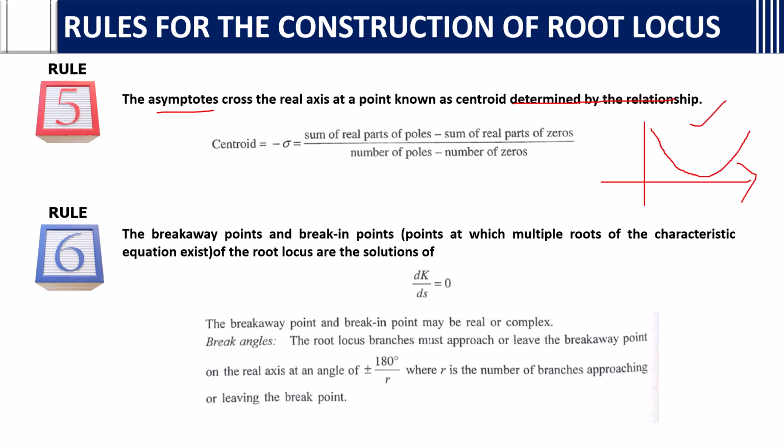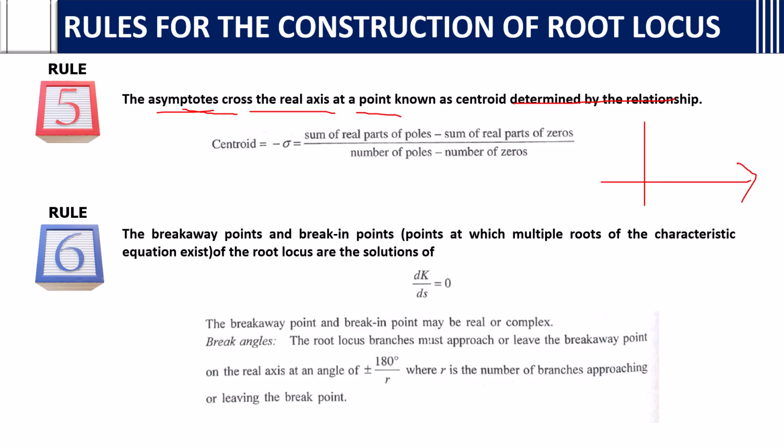This is called an asymptote, a line which never touches or crosses the curve as it extends towards infinity or a specific point. But what they're telling here in the rule is that the asymptotes will cross the real axis at a point.